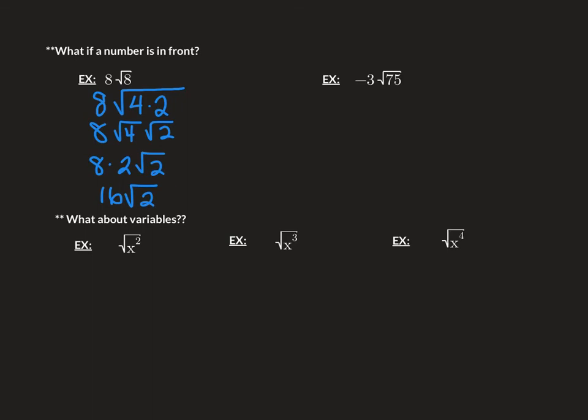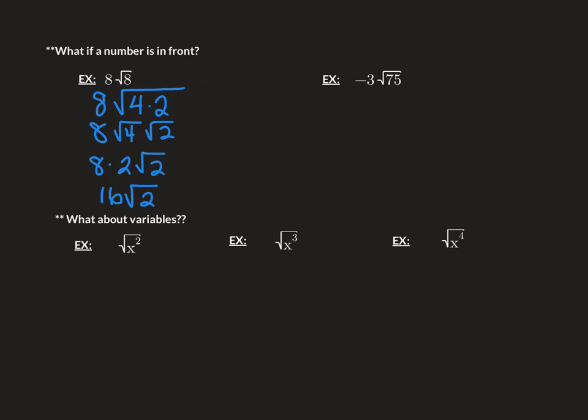If you were to type in your calculator 8 root 8 and get the decimal, and 16 root 2 and get the decimal, you would see they are the same decimals. However, 16 root 2 has been simplified completely, whereas 8 root 8 has not. Okay, so try the next one and see how you do.